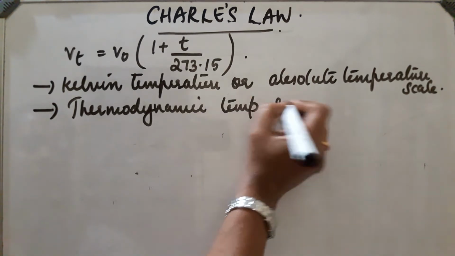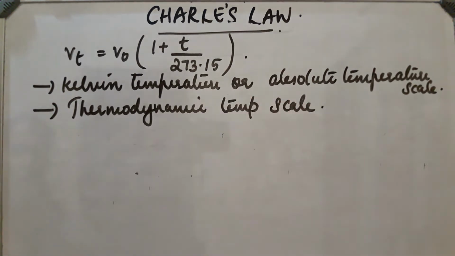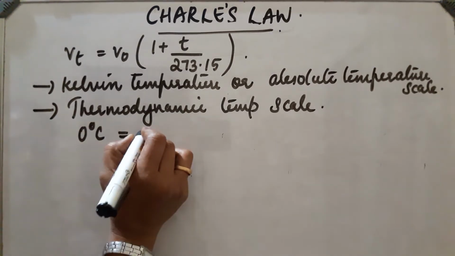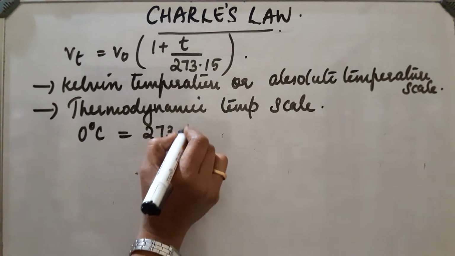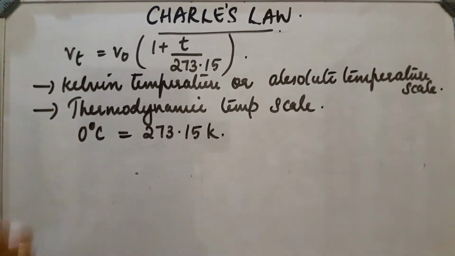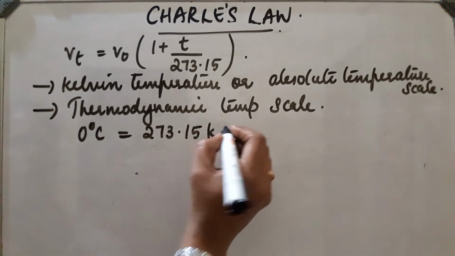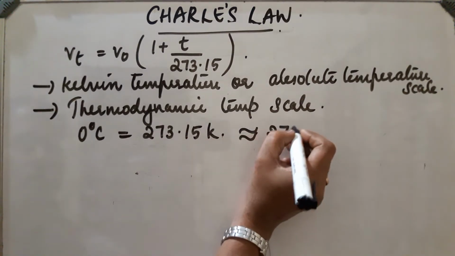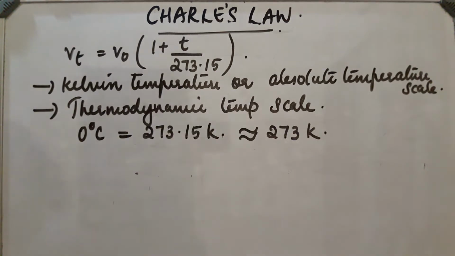For scientific work, they use this too. In this scale, 0 degrees Celsius is equal to 273.15 Kelvin, which we can approximately write as 273 Kelvin. So this temperature is used to explain Charles' law in the modern form.